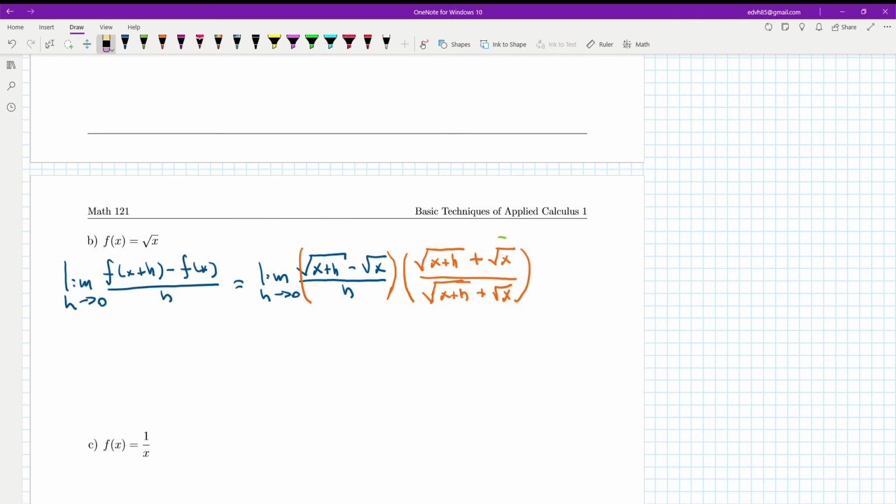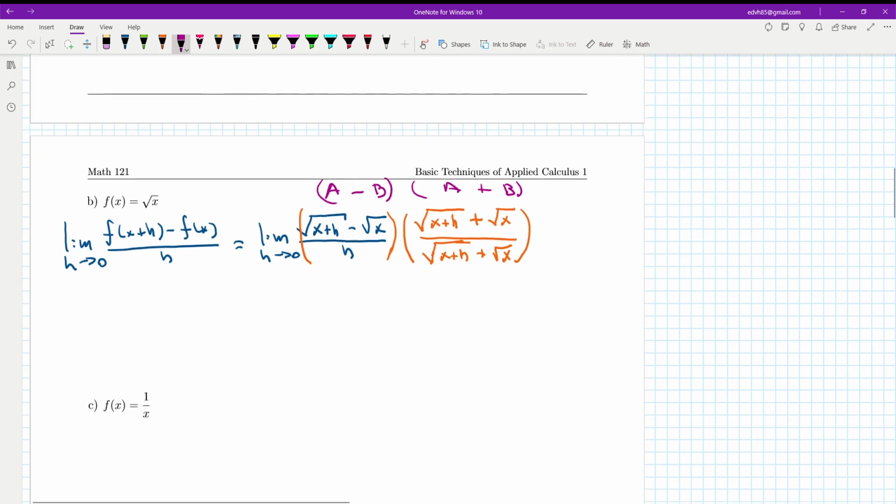Instead, if you want to do it that way, you should get the same result that I am about to obtain. However, you might want to take advantage of the property a minus b times a plus b, which I also mentioned back in that section.